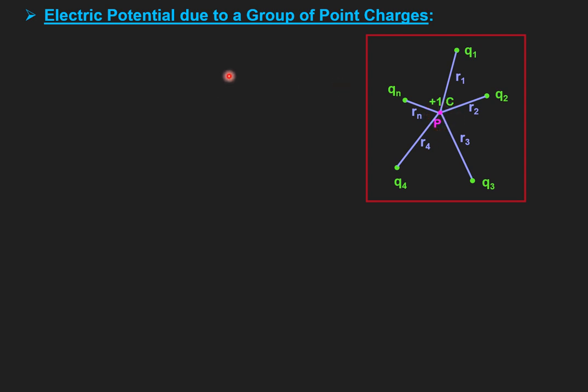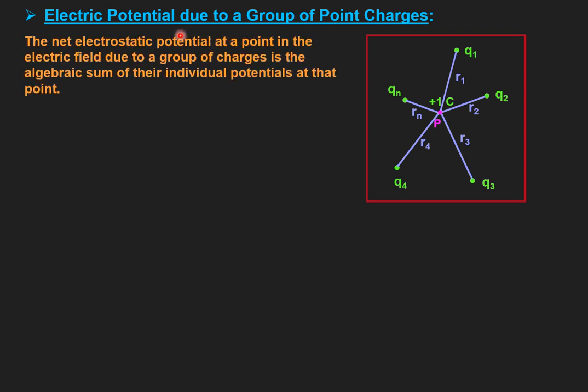Now using the previous expression we will write that the net electrostatic potential at a point in the electric field due to a group of charges is the algebraic sum of their individual potentials at that point.